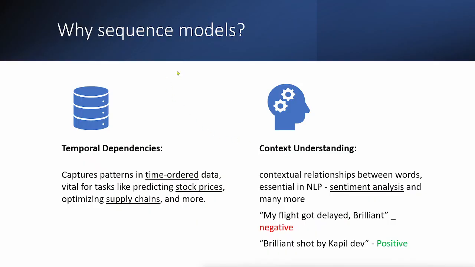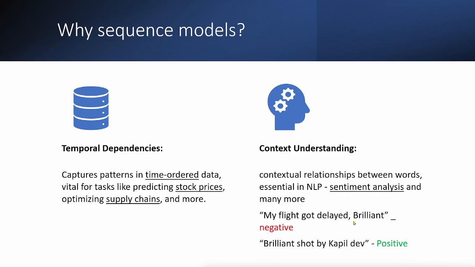Why do we need sequence models? Because sequence data has temporal dependencies, meaning the data is ordered by time, for example, stock prices data or data related to supply chain. That means the value now would be dependent on some of the values in the past.